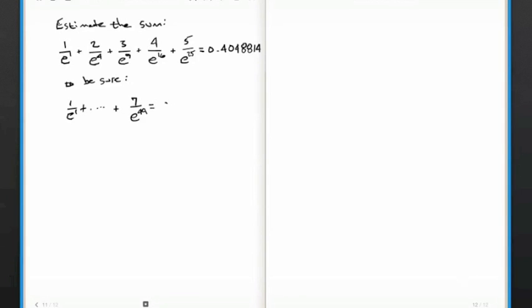Well, that equals 0.40488814. Well, now, obviously, when I punched this into my calculator, I had some rounding here or there. So maybe I should investigate what is my error. So I'm going to define this thing called a remainder.